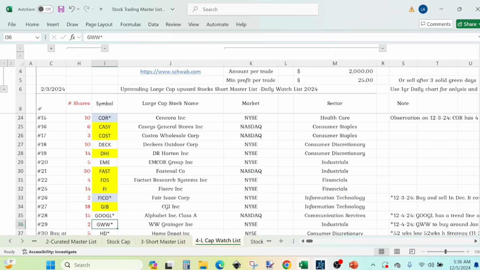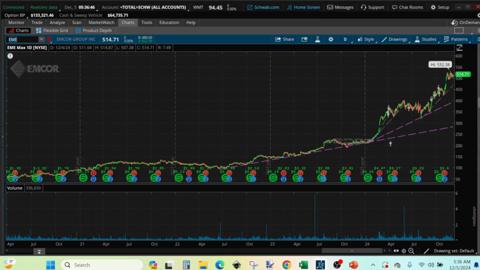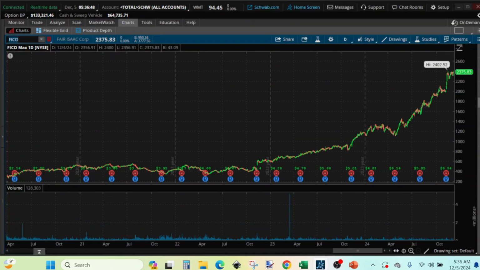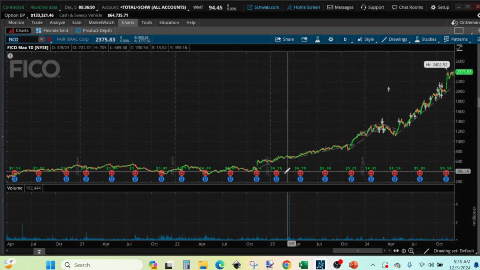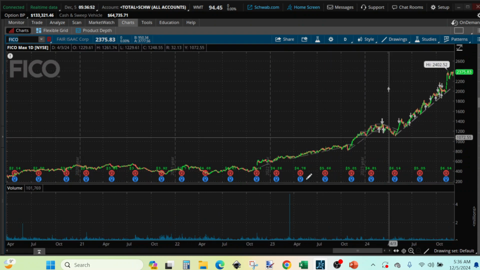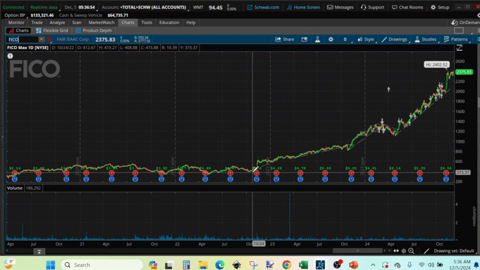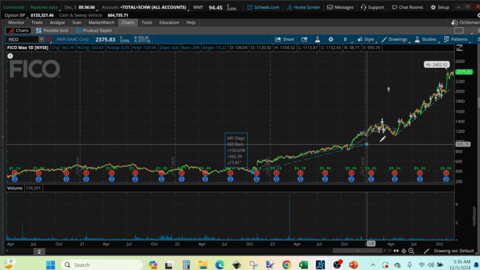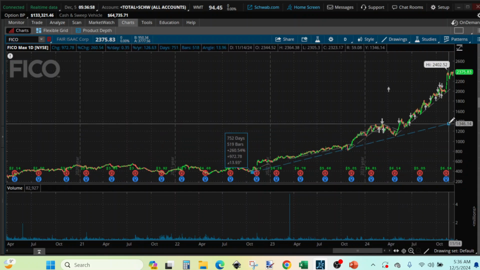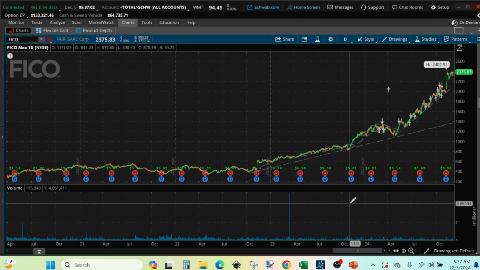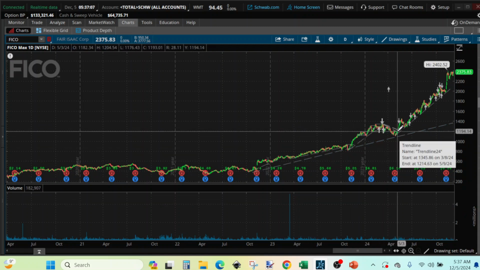FICO. Clearly, anything we are analyzing, none of it is close to the line we want to buy it on. So FICO. Okay, let's see this. That will be a conservative approach, but it hit that line 3 times.